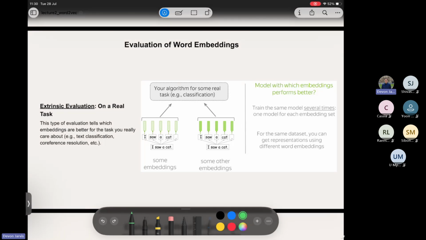But importantly, for it to be extrinsic evaluation and not just inference, it has to be a new task. So I trained my Word2Vec, I take those embeddings, and now I classify whether those words are nouns. That's extrinsic evaluation, and that's called parts of speech classification.